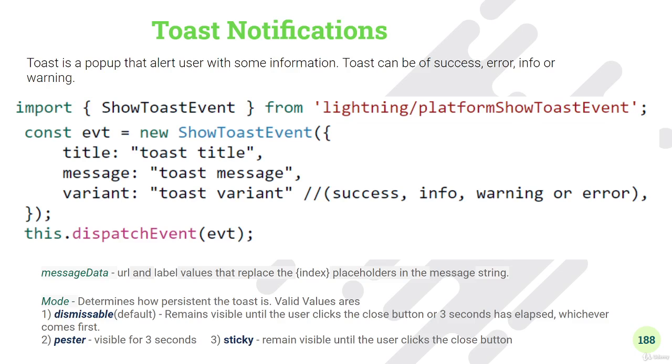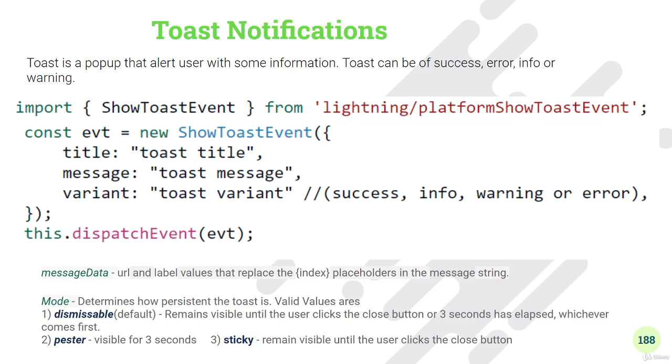It also shows the cross icon, so the user can close it before 3 seconds as well. This is the default behavior. Then you have another mode, pester, that will only show the pop-up and go away after 3 seconds. And the third option is the sticky mode, which will remain visible until the user clicks on the close button. So these are the different modes and properties that we can include in our toast message.